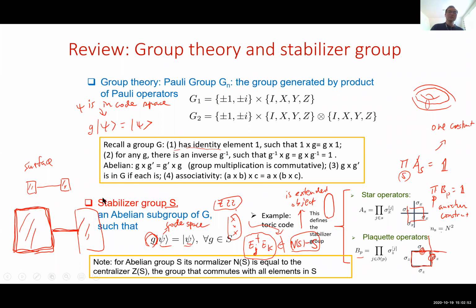We call it a stabilizer group because we always want to have a code, and that code is defined by this. In terms of physics, this acts on that and returns the same state, meaning it's stabilized by that. That's why people call this a stabilizer group.